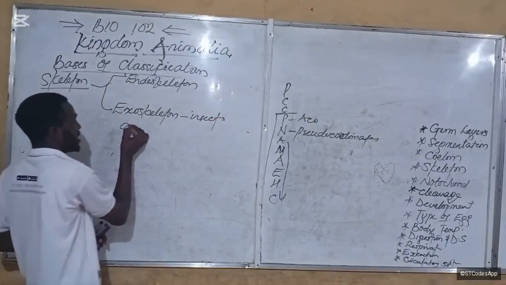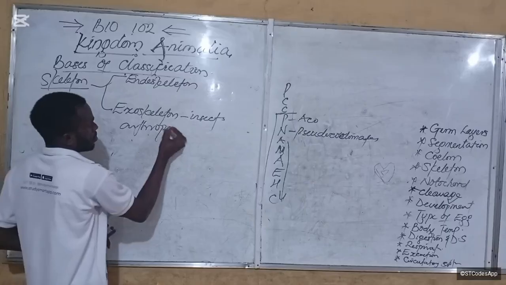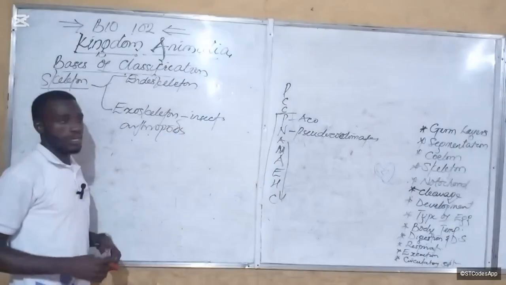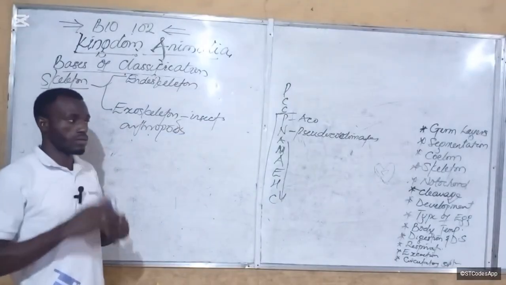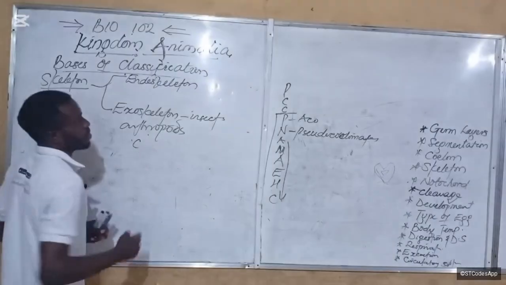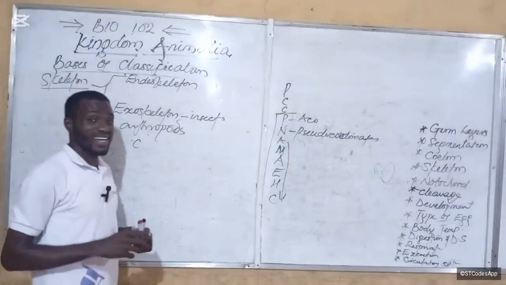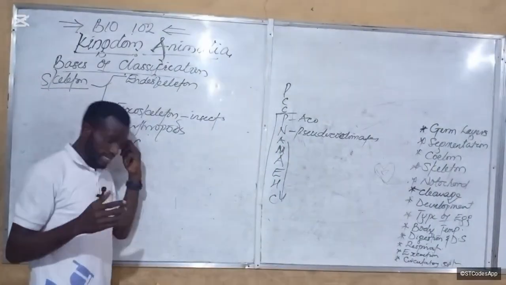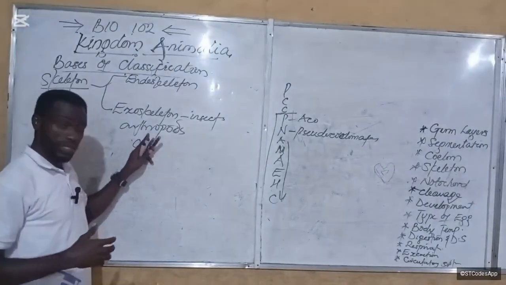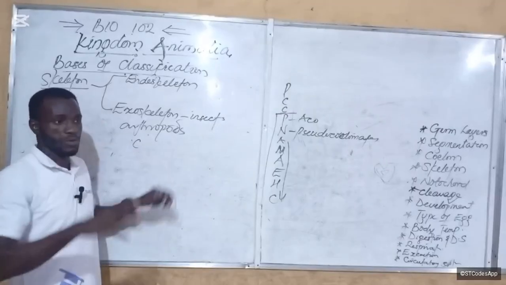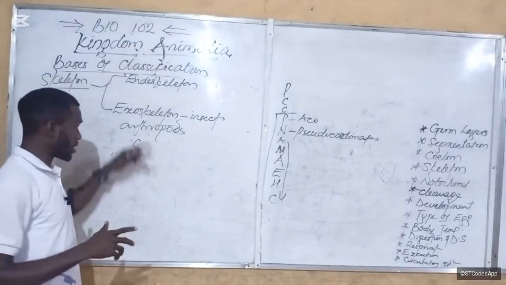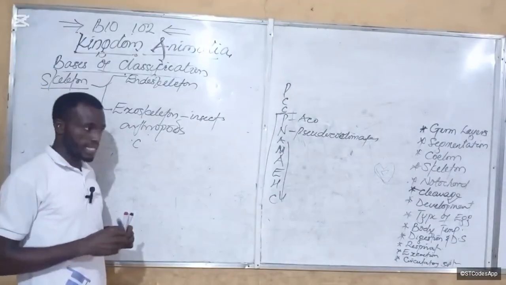Many arthropods, arachnids, what do you call them? Under the arthropods, most arthropods, if not all arthropods, actually have exoskeletons.